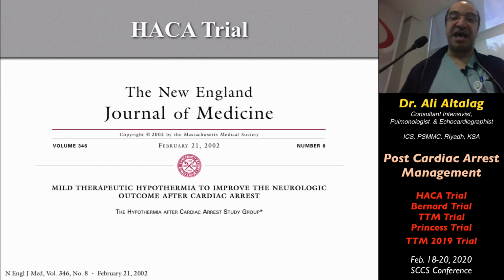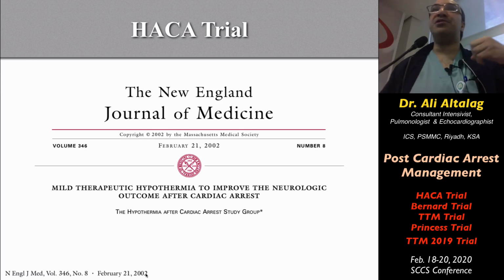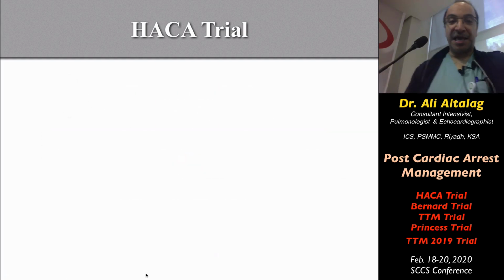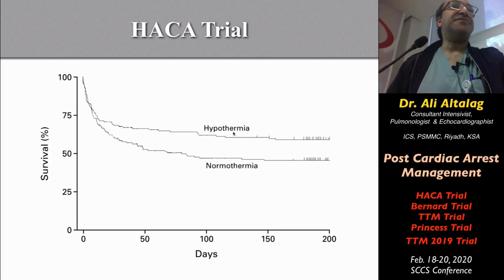And this is the HACA trial that was published in 2002 in the New England Journal of Medicine. It was a landmark study at the time, and it is in fact still. And as you can see, survivors are more with the hypothermia as compared to normothermia.